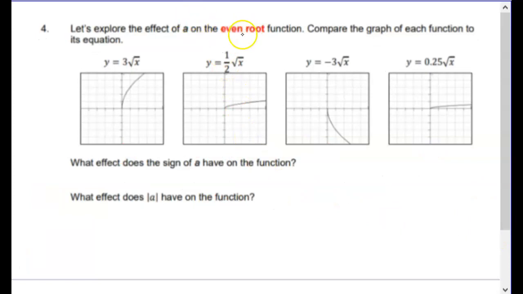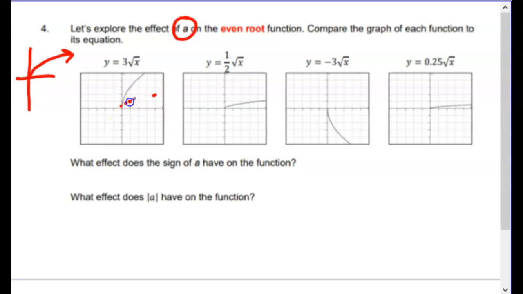Question 4, this is an even root function, meaning the parent was just a square root coming out of the origin here. This is seeing what a does. So putting a positive, instead of going through 0, 0, 1, 1, and 4, the square root of 4 is 2.